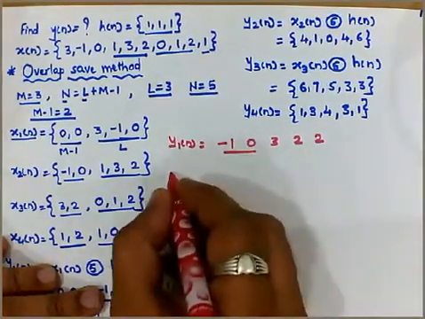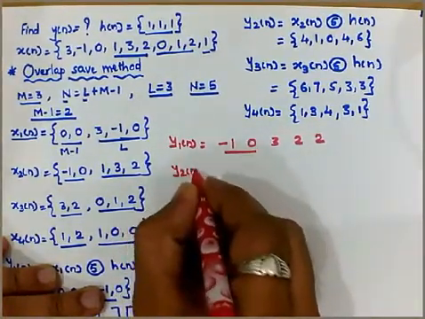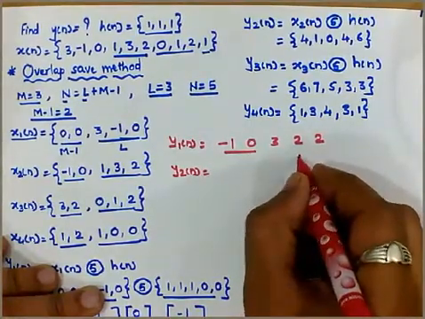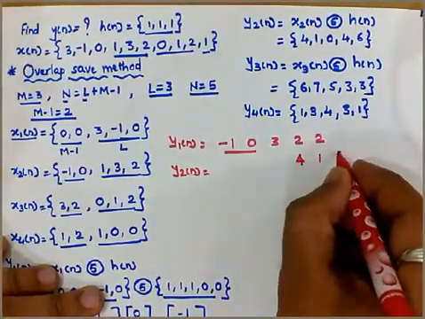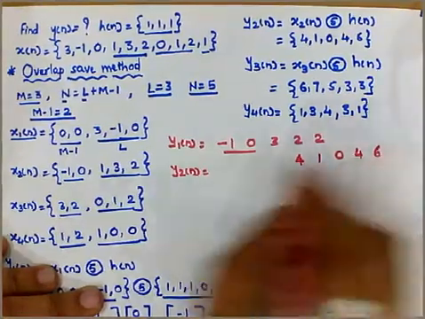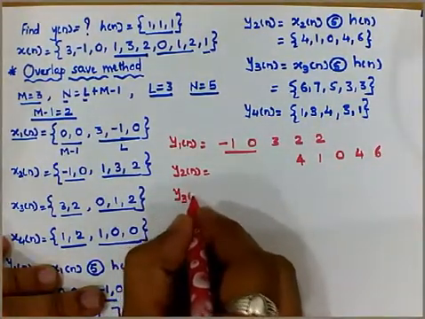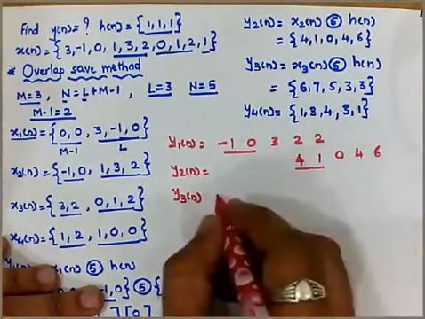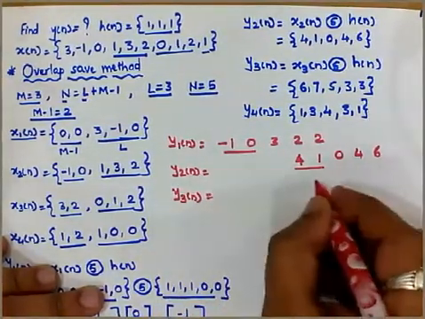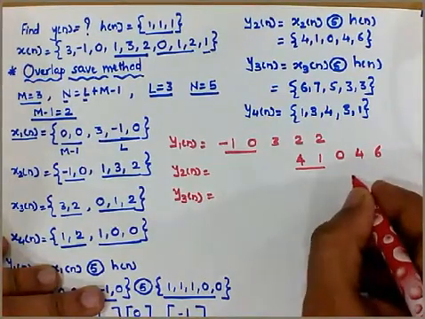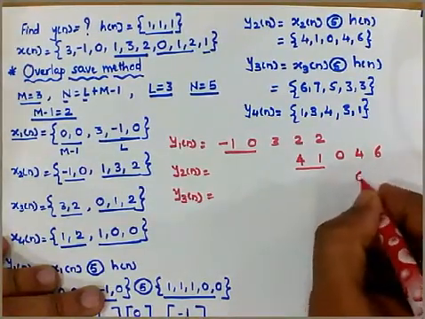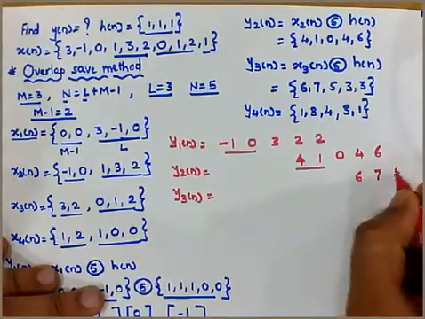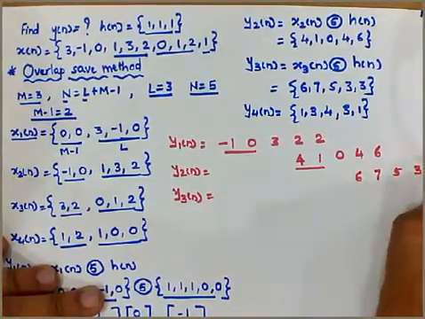Let's write down y2 of n first of all, then we will decide which values are to be discarded. So this is 4 1 0 4 6. Then y3 of n is nothing but this third sequence, which is written as 6 7 5 3 3.